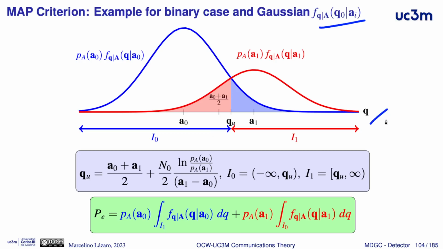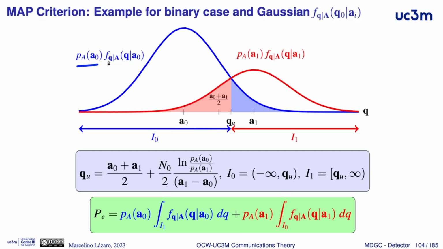Here we have a one-dimensional example. This is Q. The conditional distribution given A0 is a Gaussian with mean A0. The conditional distribution of the observation for symbol A1 is a Gaussian centered at A1.